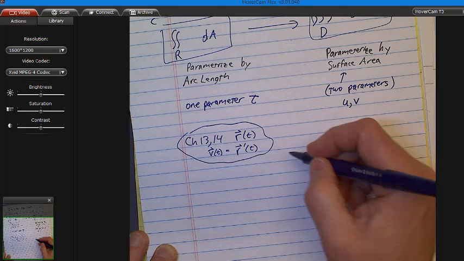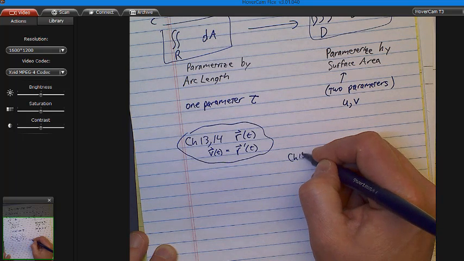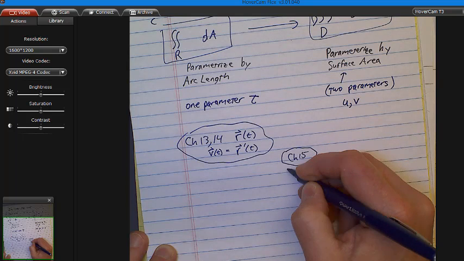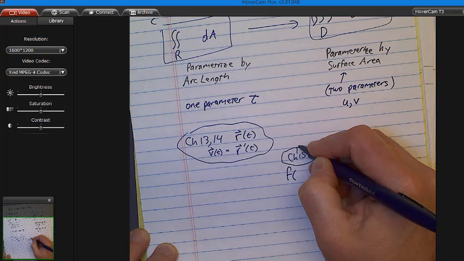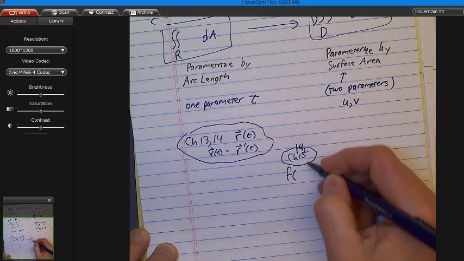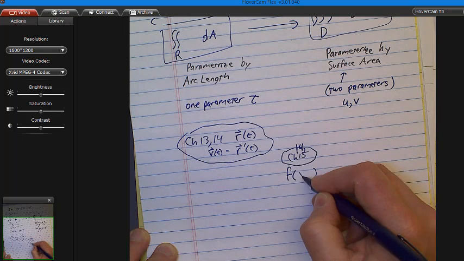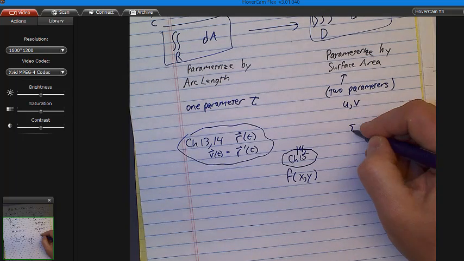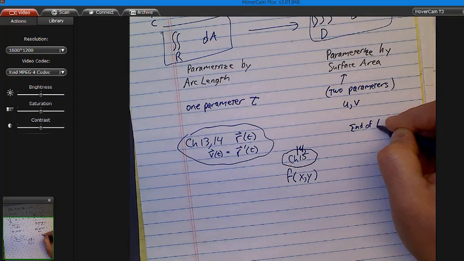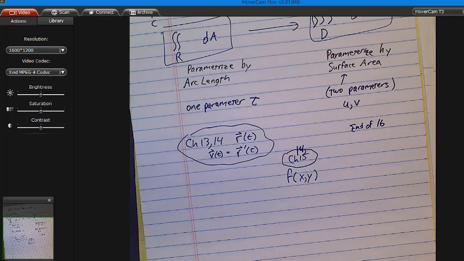And then in chapter 15, what did we do? In chapter 15, we were dealing with functions, and really maybe this is 14 and 15. We were dealing with functions of x and y, right? So now, here we are at the end of chapter 16, and we're kind of putting these ideas together.